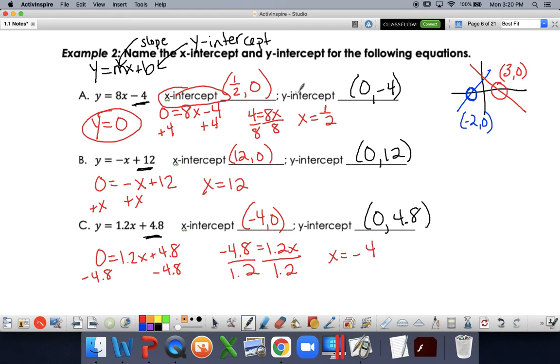Well, for a y-intercept, you're always going to have x equal to 0. So you could always have plugged that in as well, right? If I change my x value to 0, I get 8 times 0 minus 4, y is equal to -4. That's another way that you can find a y-intercept algebraically.